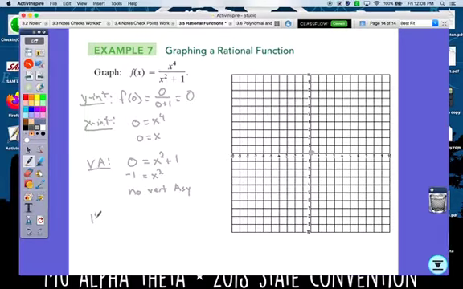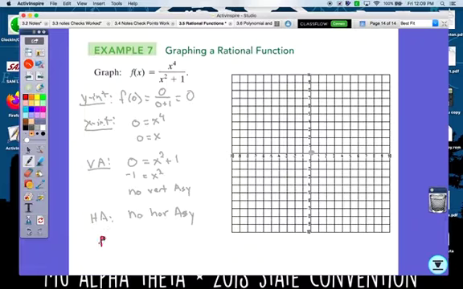And then for horizontal asymptote, we look at the degrees, and since the degree on top is bigger than the degree on bottom, we have no horizontal asymptote. So now we've just got to figure out what's going on either side here. Let's plug in some points, something to the left of 0 and to the right of 0.